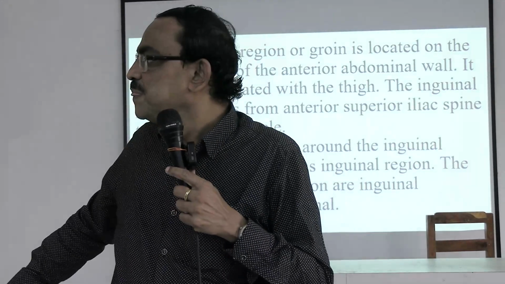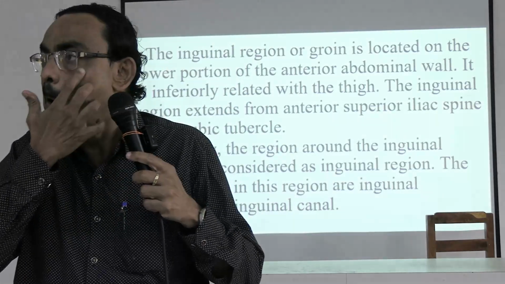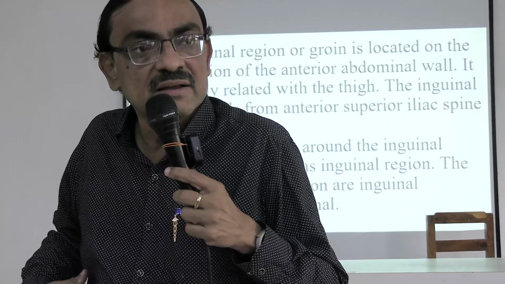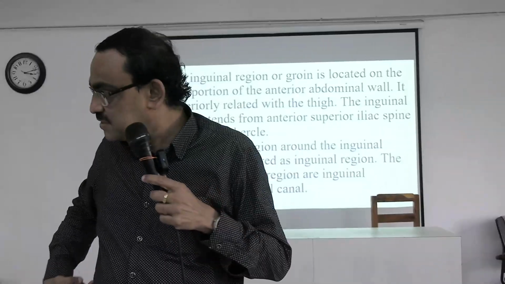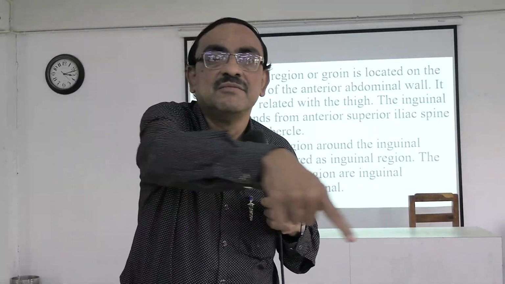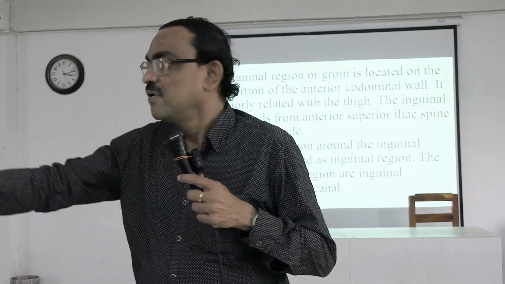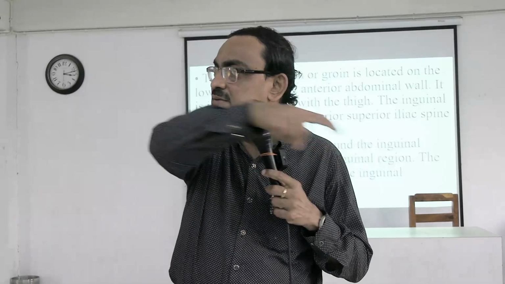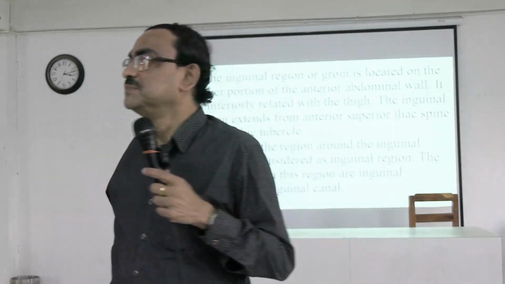Similarly, in the abdomen, one layer is intimately attached with all the viscera, that is the visceral layer, and another layer is reflected from this visceral layer and covers the parietes, or the body wall. That is called parietal peritoneum.